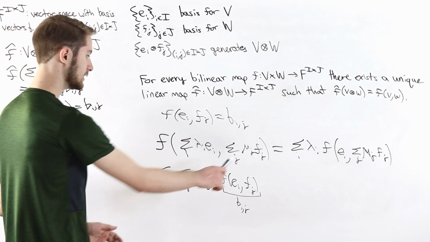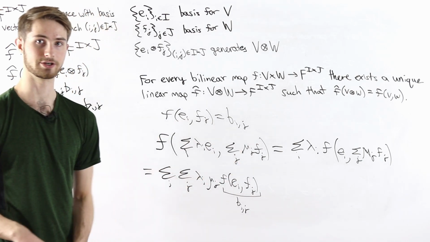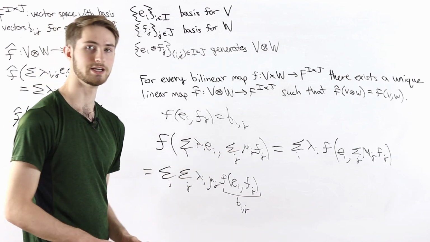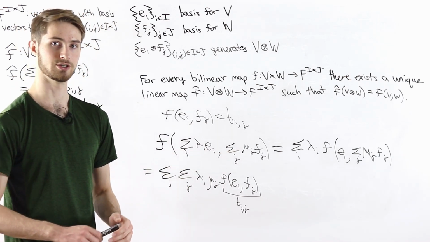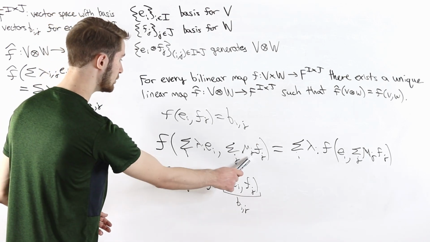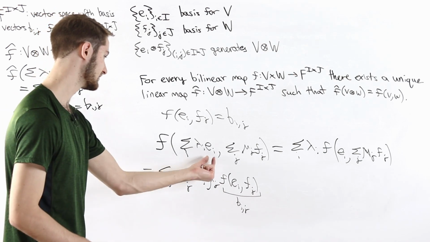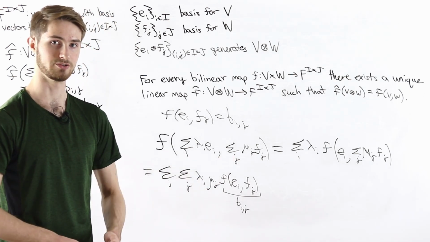And similarly, every element of W can be written in exactly one way as this finite linear combination. So because these expressions in terms of lambda_i and mu_j are unique, we don't have to worry about whether the function is well defined, because these coefficients themselves are also well defined thanks to the fact that e_i and f_j are bases for their respective vector spaces.